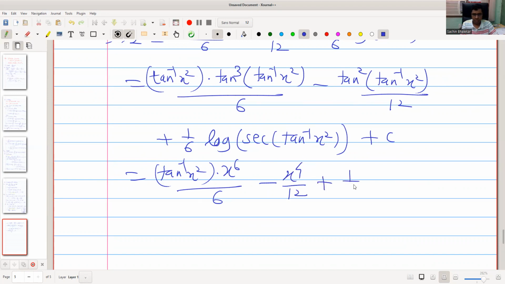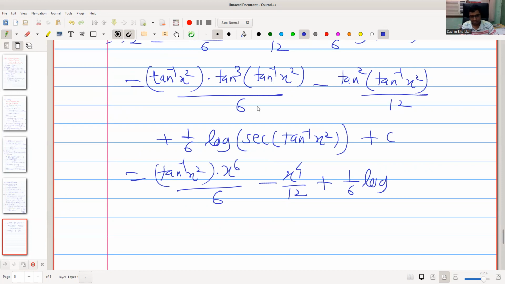Plus 1/6 log of sec theta, which can be written in terms of tan as square root of 1 plus tan square theta, because 1 plus tan square theta is sec square theta.